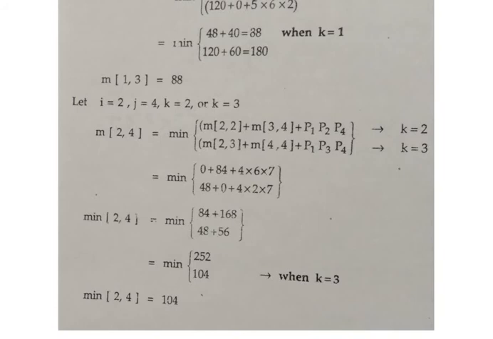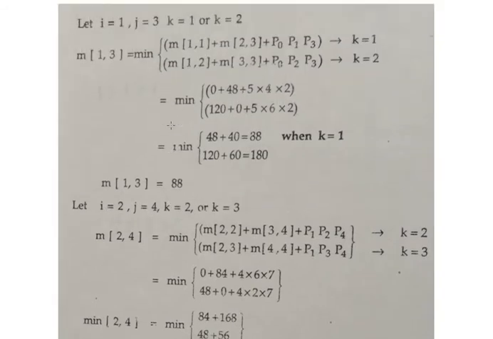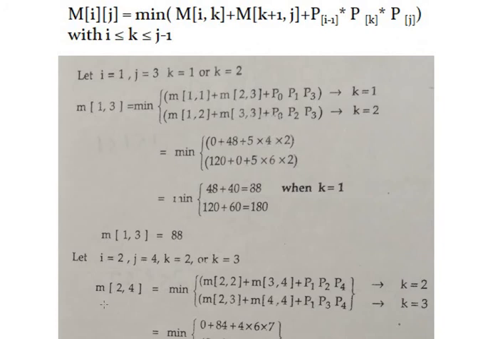So here only how the values of k are assumed will be shown. You have m of 2, 4, it means i equal to 2, j equal to 4, and we have the condition i less than equal to k and k less than equal to j minus 1. So you put first i equal to 2 here and j minus 1, it means 3.